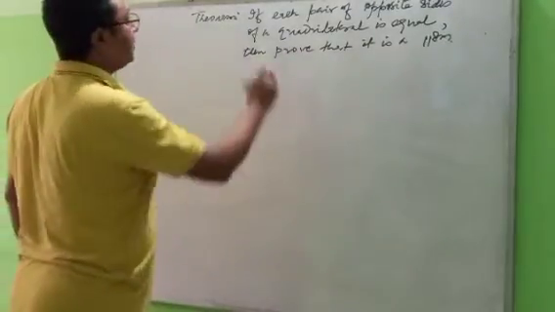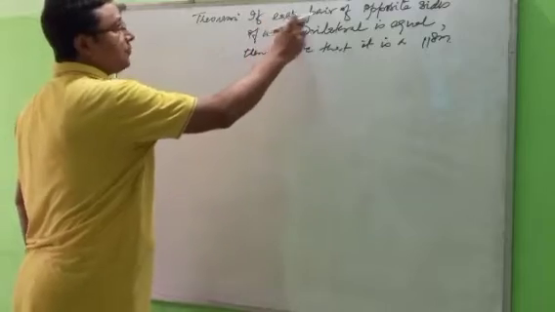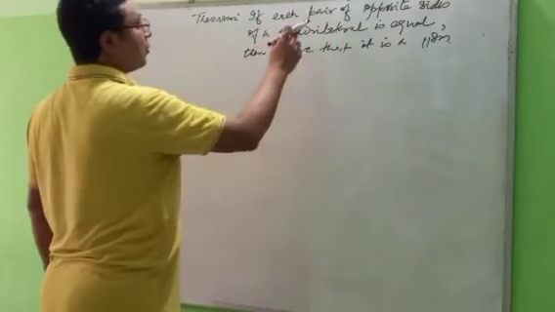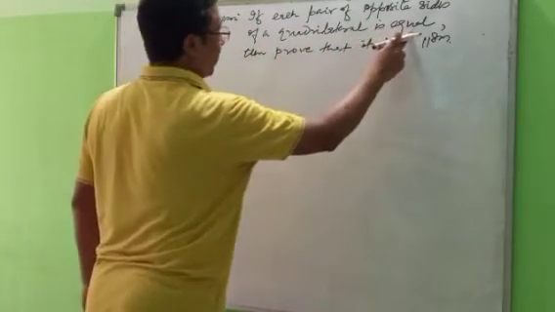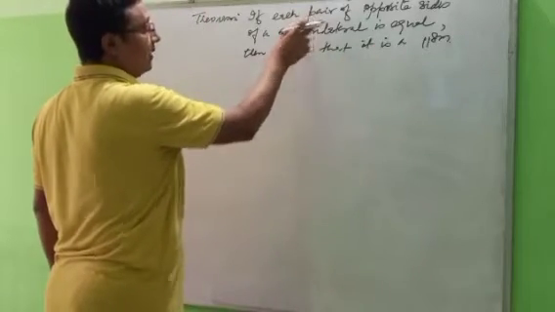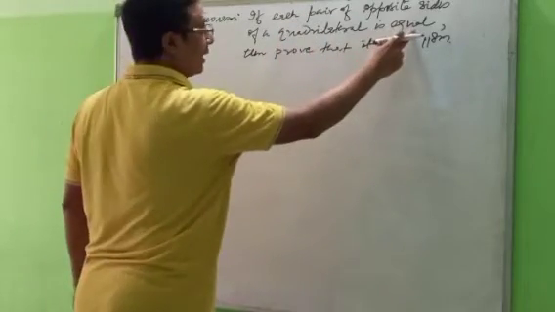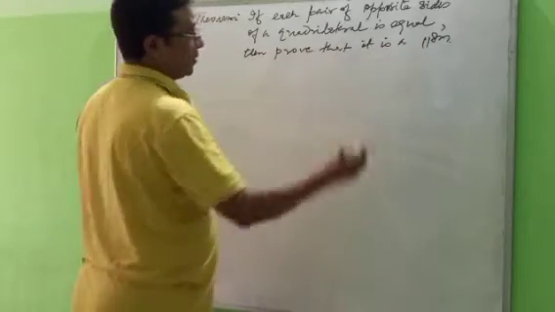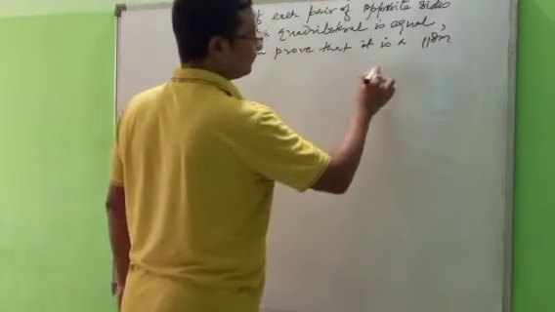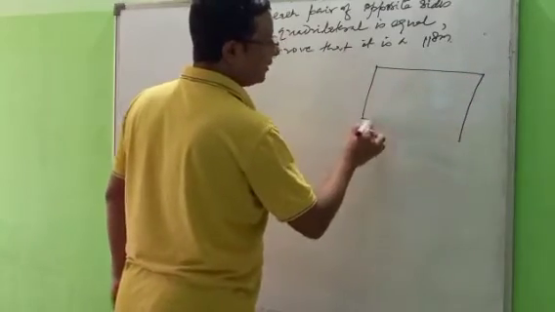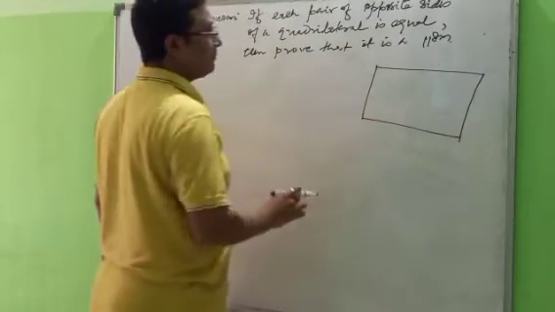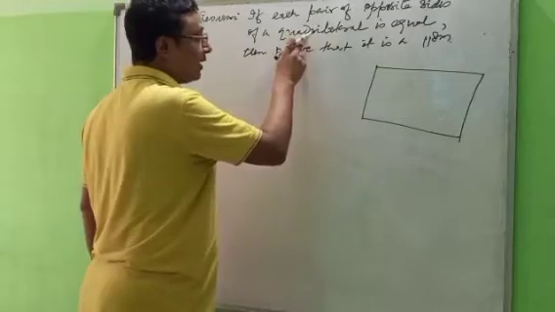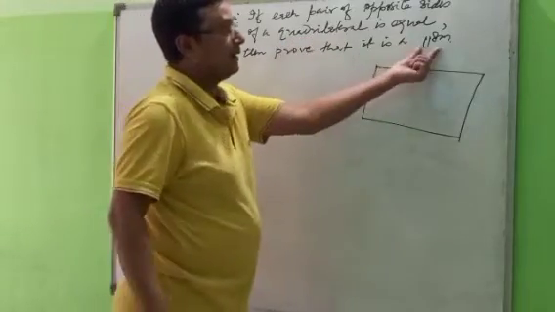Now here, if each pair of opposite sides of the quadrilateral is equal, then prove that it is a parallelogram. We will draw the figure like a parallelogram, because you are to prove that the quadrilateral must be a parallelogram.